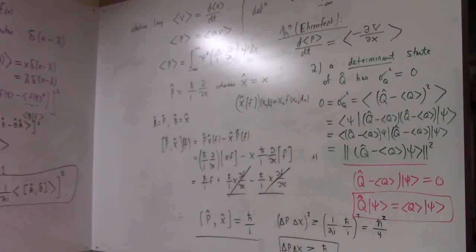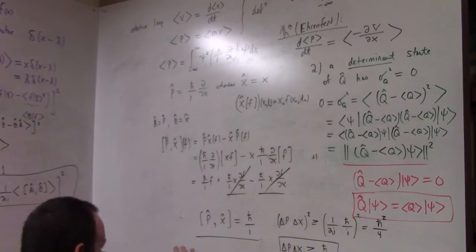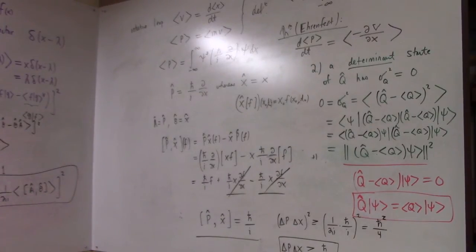You can attack it directly at the level of linear algebra. The claim I made about eigenstates can also be seen from pure linear algebra: the only way you can simultaneously diagonalize two operators is if their commutator is 0.